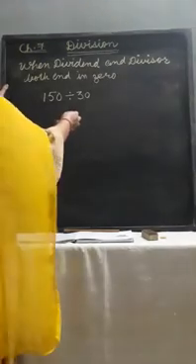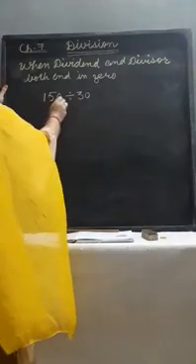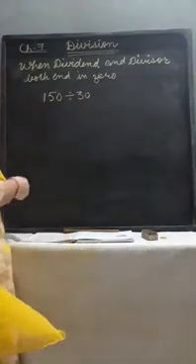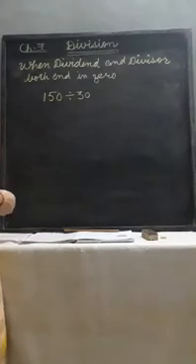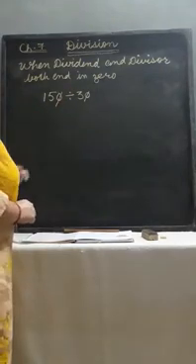Next I will tell you when the dividend and divisor both end in 0. For example, 150 divided by 30. Dividend has 1 zero, divisor has 1 zero. In this case, we will cross out an equal number of zeros from dividend and divisor and divide the rest of the number.